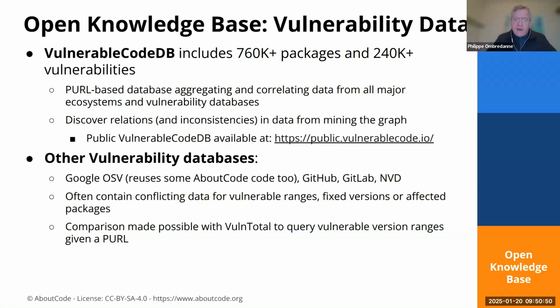We are aggregating data from OSV, GitHub, GitLab, NVD, and others. We're also going to the projects upstream to get the word directly from the horse's mouth, meaning advisories as published by the open source project upstream.